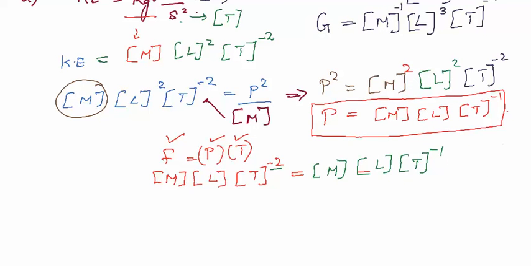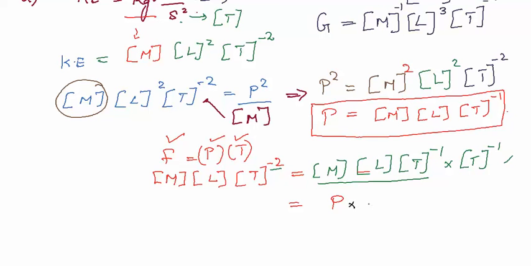In another way, you can see that as a split of T to the power -1. This would be the dimension of momentum, so I'm going to write that down as momentum, and this is the dimension of time.